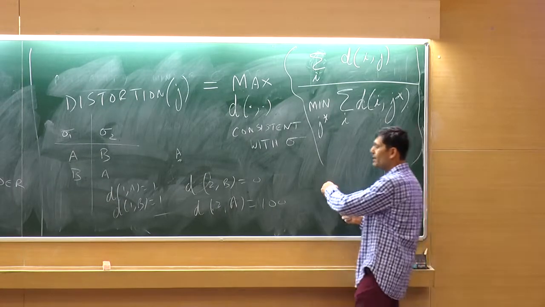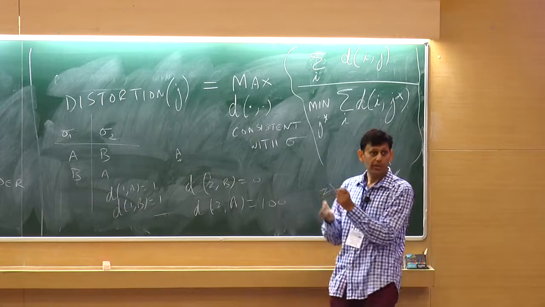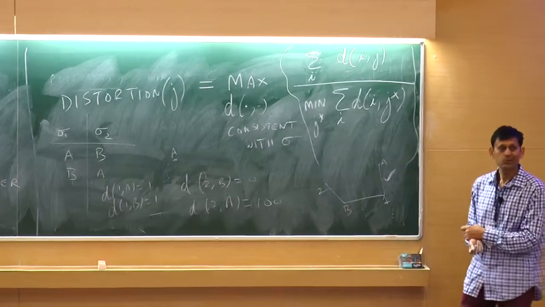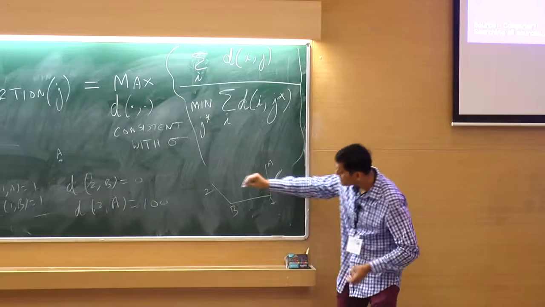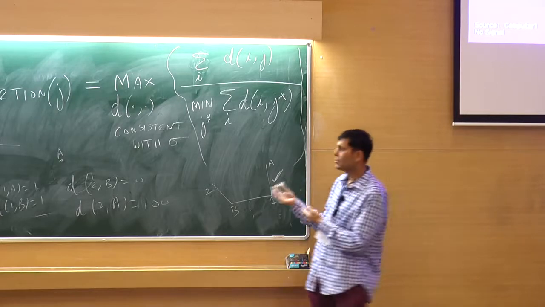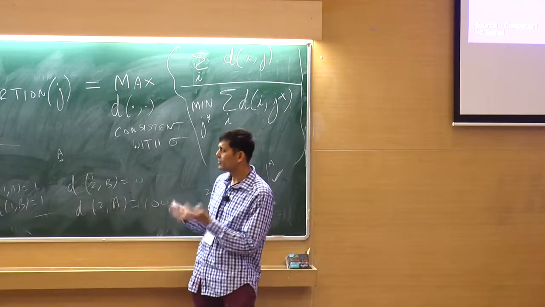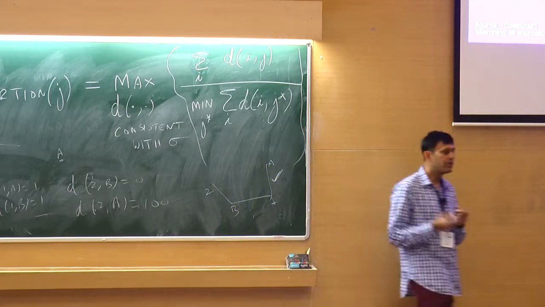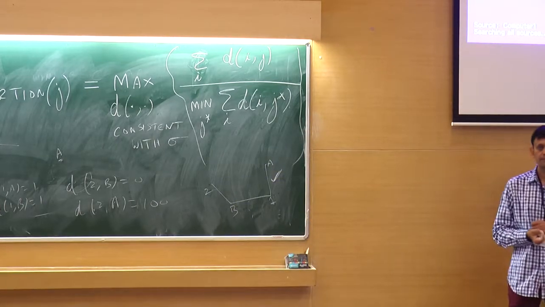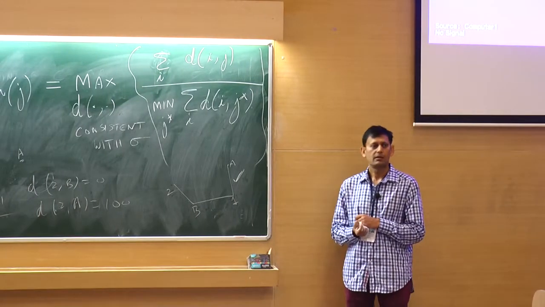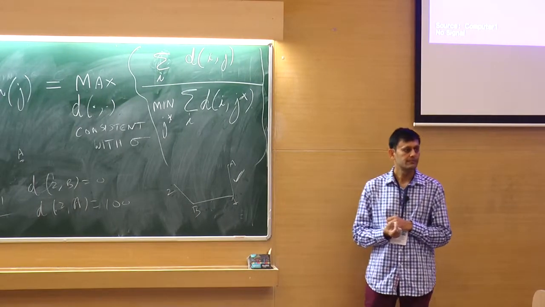And 2 comma B also you can charge to the algorithm if the algorithm ends up picking B. Does it make sense? So this quadrilateral inequality will immediately prove that in this particular case, the distortion of A cannot be more than 3. By symmetry, the distortion of B also cannot be more than 3. Okay. Does that make sense?